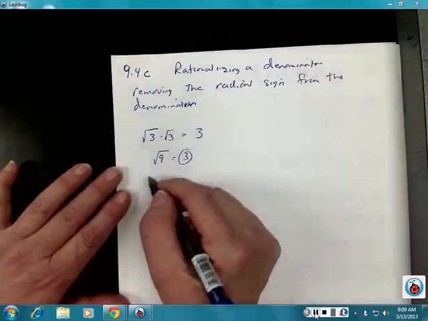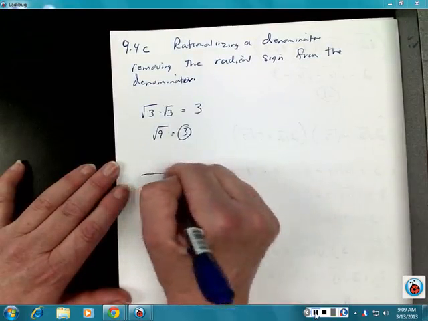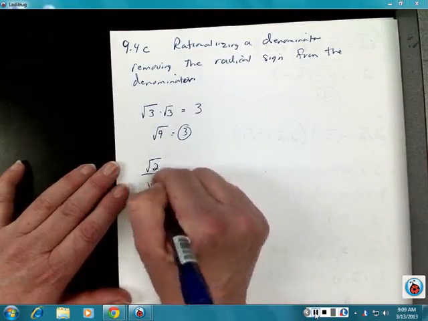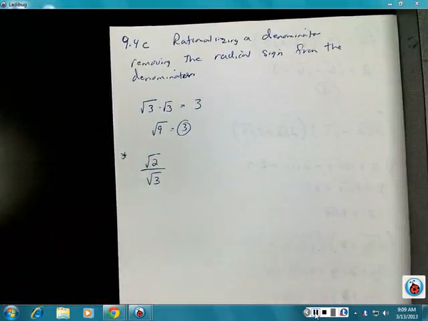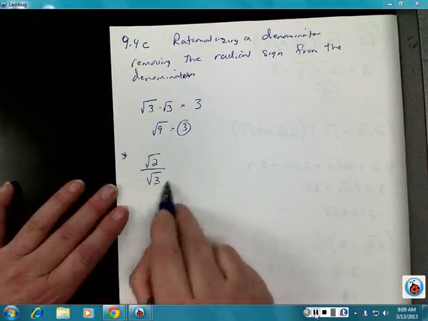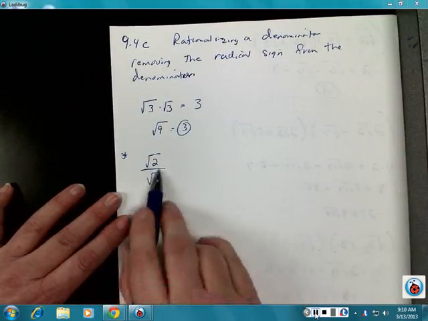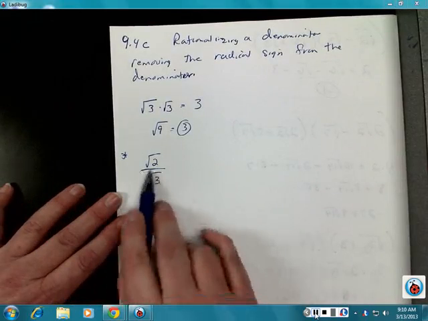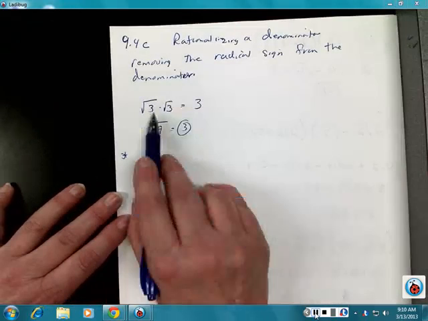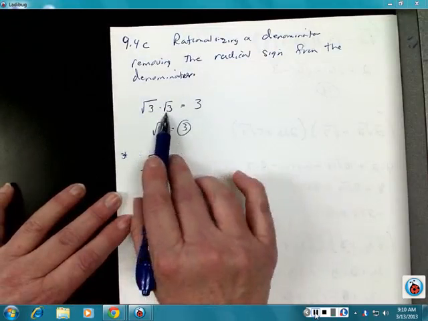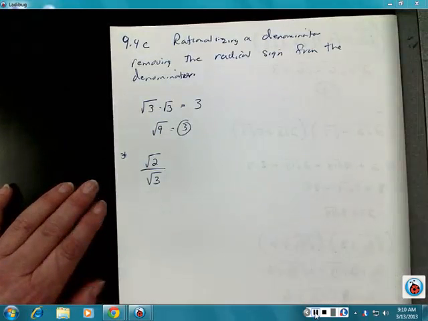Okay? Now, if you had a fraction, and that's what a lot of these end up looking like, the square root of 2 over the square root of 3, and I want to get rid of this thing in the denominator, I want to make this a perfect square down there. So if I multiply square root of 3 times square root of 3, it got rid of my radical.